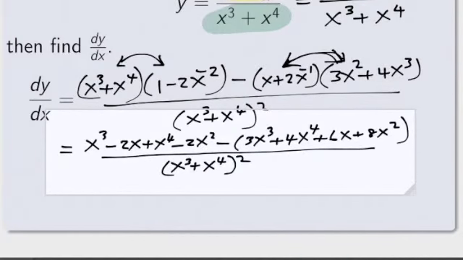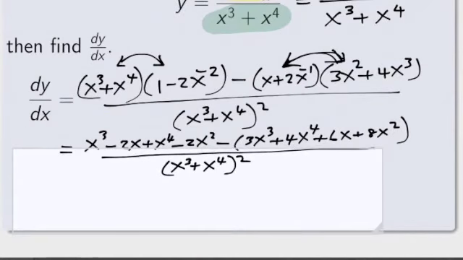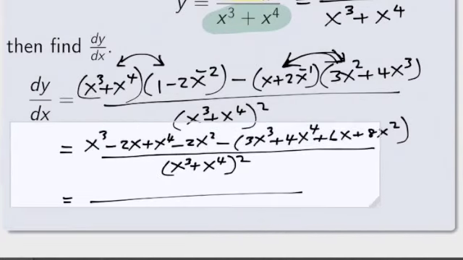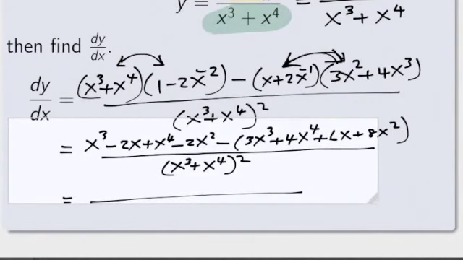We can now group the like terms in the numerator. So we have x raised to the power 4 minus 4x raised to the power 4, which will give us minus 3x raised to the power 4. We have x cubed minus 3x cubed, which will give us minus 2x raised to the power 3.